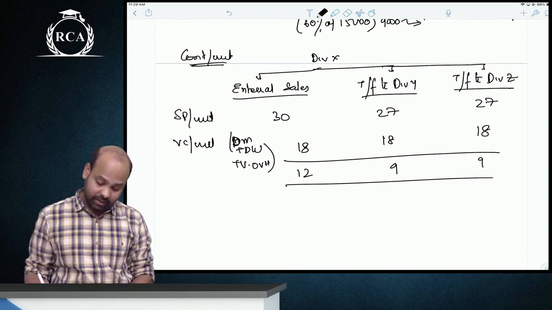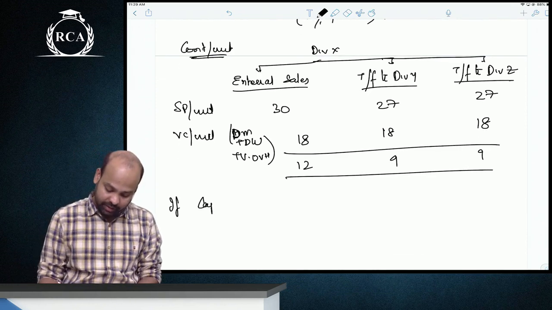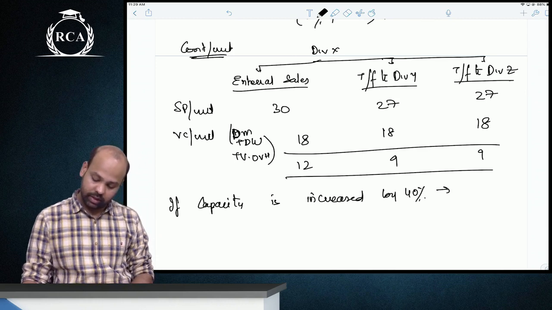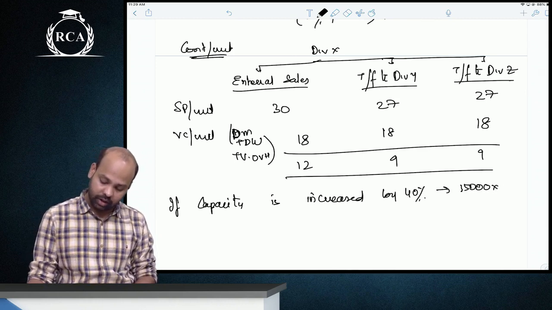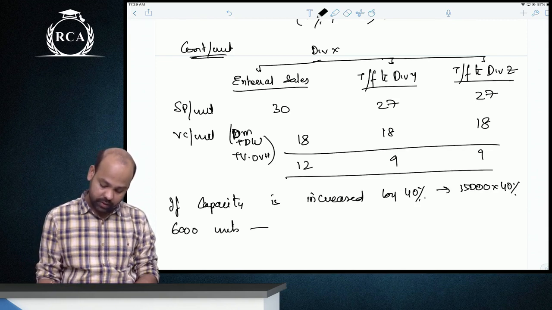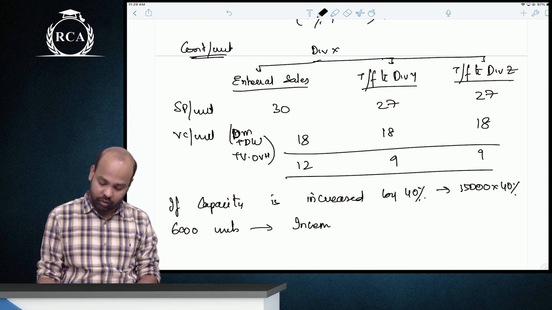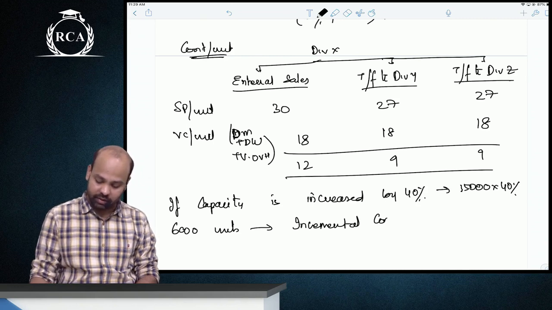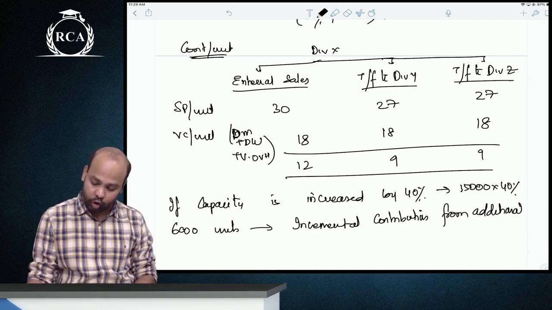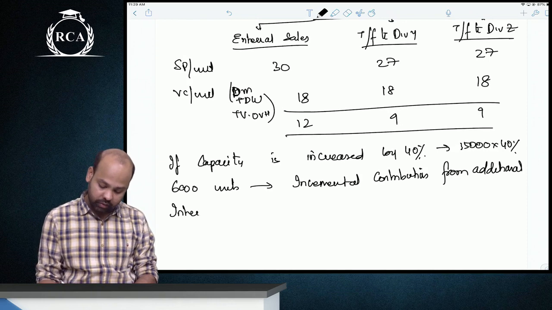Please understand, if capacity is increased by 40%, that is 40% of 15,000 units, 6,000 units. You already met the external sales, so our incremental contribution comes from additional internal transfers to your own divisions.